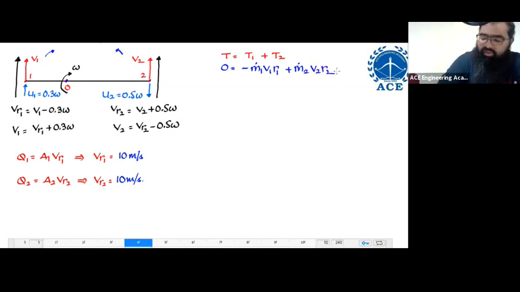From here, it implies that m dot 1 v1 r1 has to be equal to m dot 2 v2 r2. Now I can cancel m dot 1 and m dot 2. Actually, finish off and get me the value of omega. Please start.